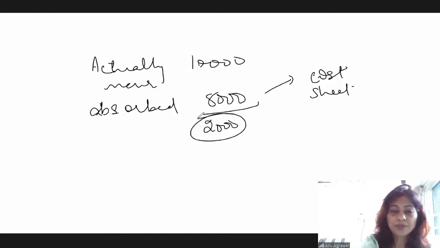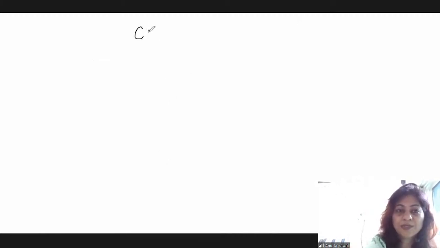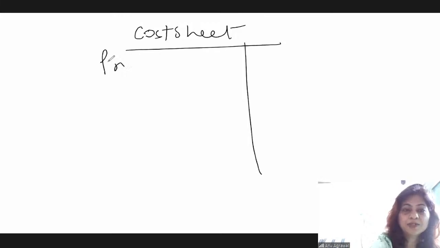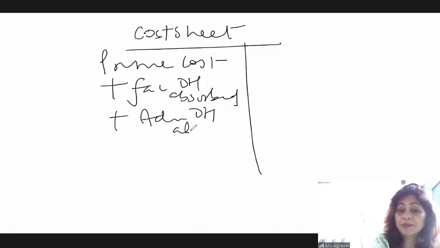Because if you look at your cost sheet, Siddharth, you have got prime cost. In this, you have got factory overhead, not incurred, but absorbed. You have admin overhead, again not incurred, but absorbed. Selling and distribution is actual.